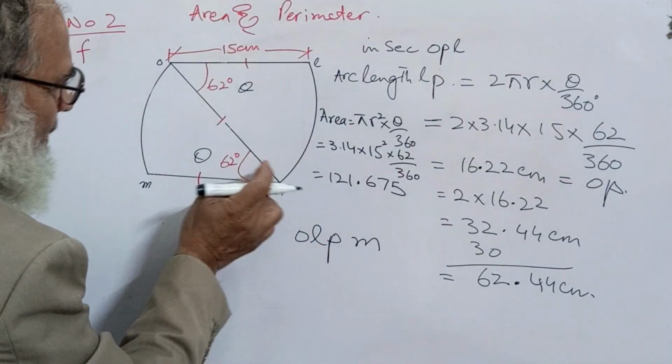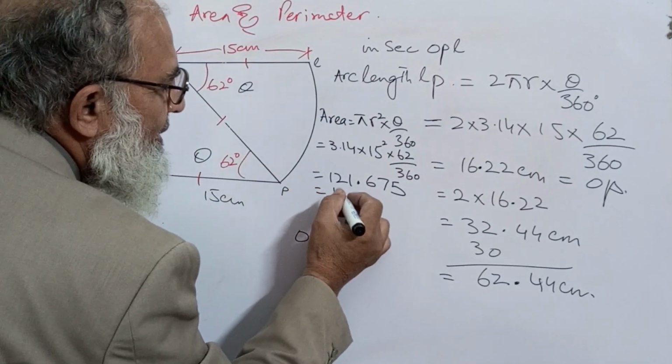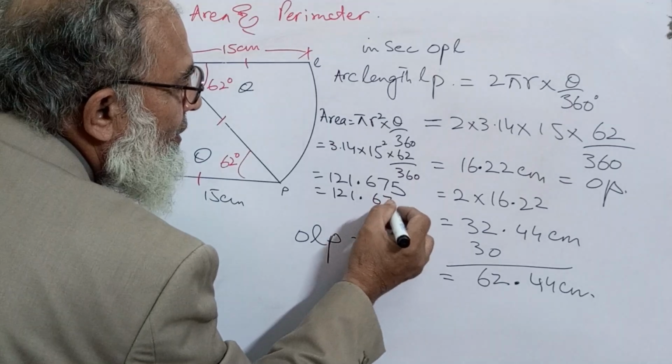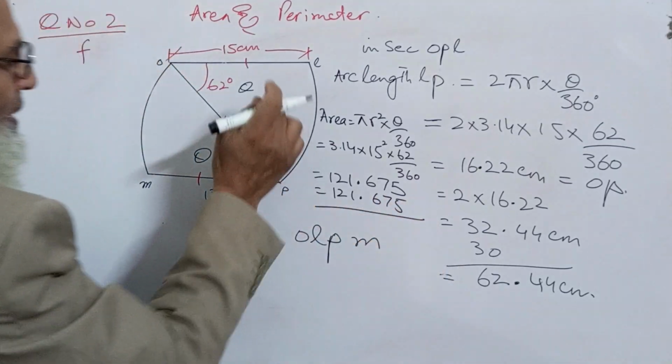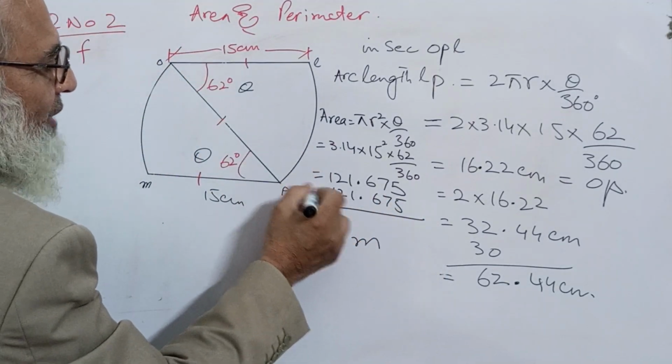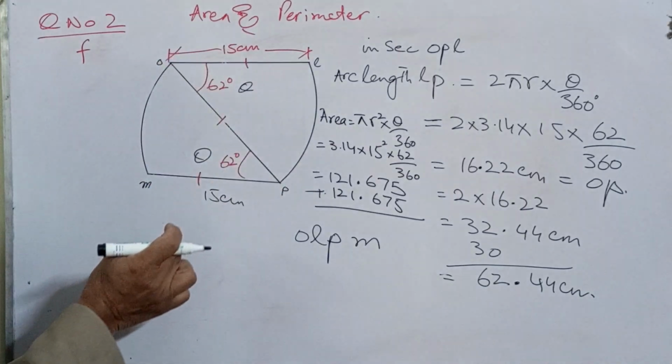What we have to do is add the same amount to get the area of the whole.